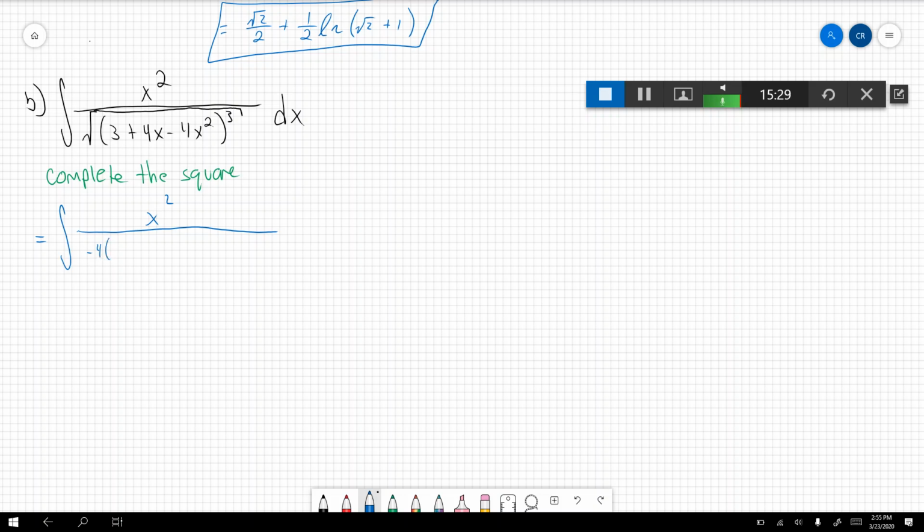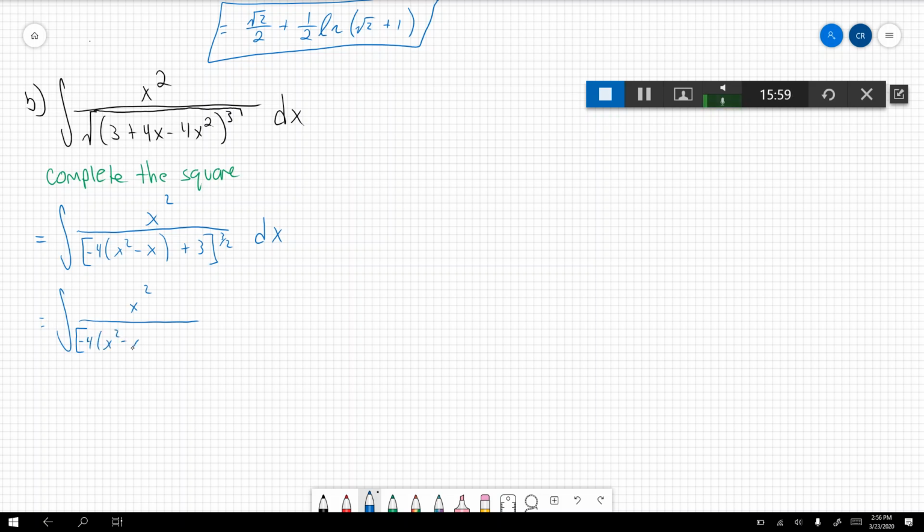I'm going to factor that out. So that's going to be x squared minus x, and then I still have a +3, and then all of that is raised to the power of 3/2. And that's all dx. Perfect. All right. Completing the square process, we're going to take that b coefficient, divide it by 2, and then square that result.